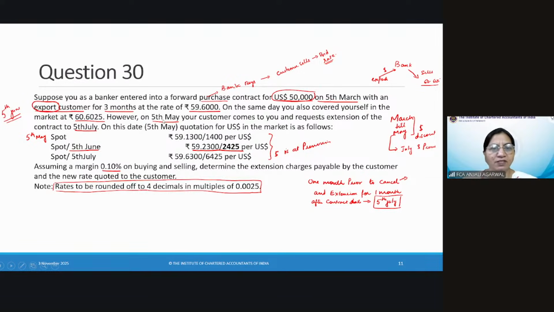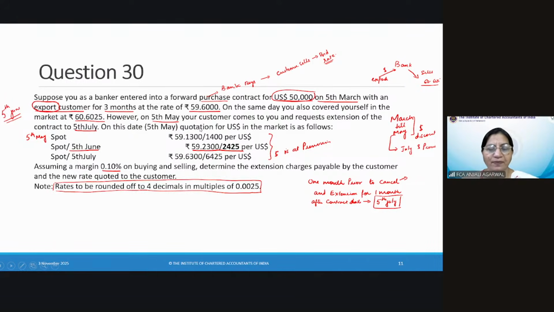But on 5th May only, he says that he is not able to make the payment for dollars on 5th June. He will not be able to convert the dollars into rupee on 5th June, but he needs an extension till 5th July for 1 month. So on 5th May only, we will allow him to cancel the contract and offer him a new date, that would be a new rate for 5th July, 1 month after the original contract date.